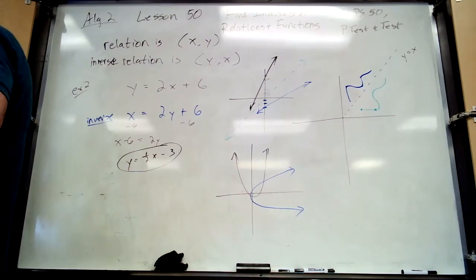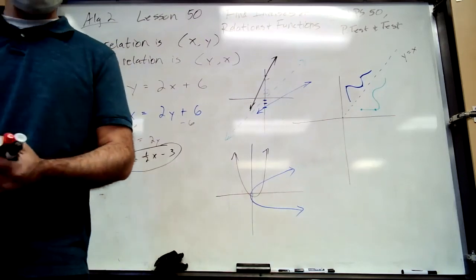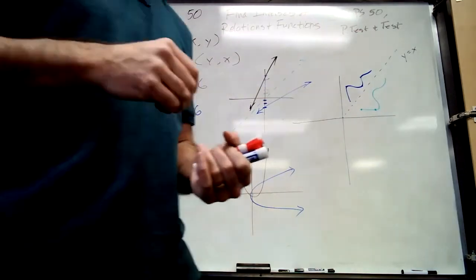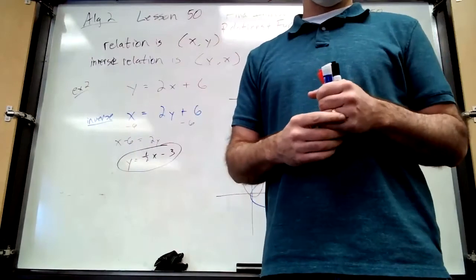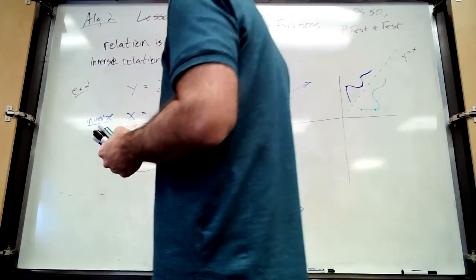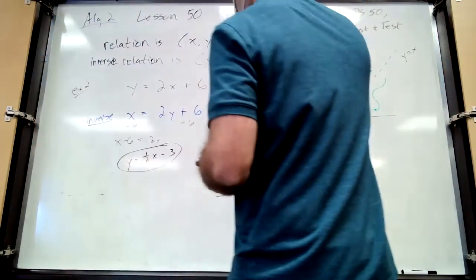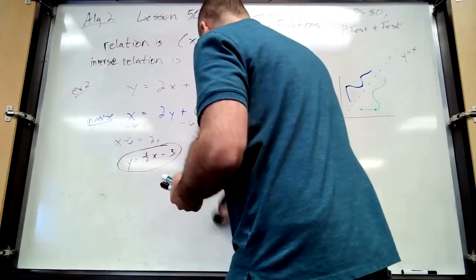So let's complicate it just a little bit. It's not really too complicated. Remember, the process is switch out the x and y and then solve for y to find the inverse function. So let's do that on example 3.